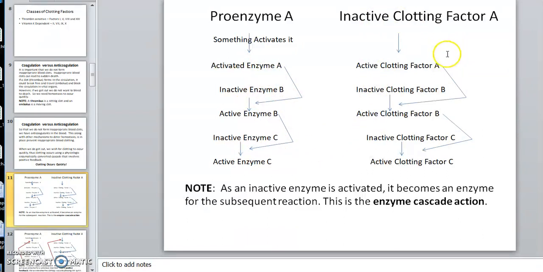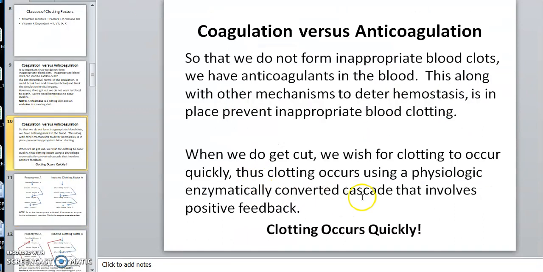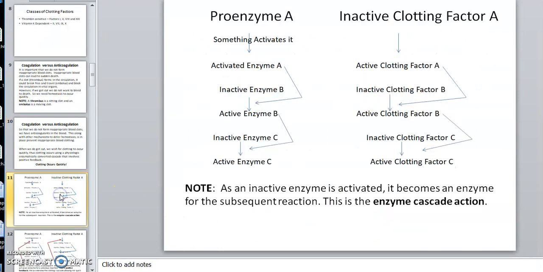Over here I'm showing it as far as clotting factors. Same thing. So when I say enzymatically cascade converted, that means that the first thing to get it started is that something has to activate the initial clotting factor in the pathway. And once it's activated, it should be a snowball effect that continuously activates the others in a sequential fashion.